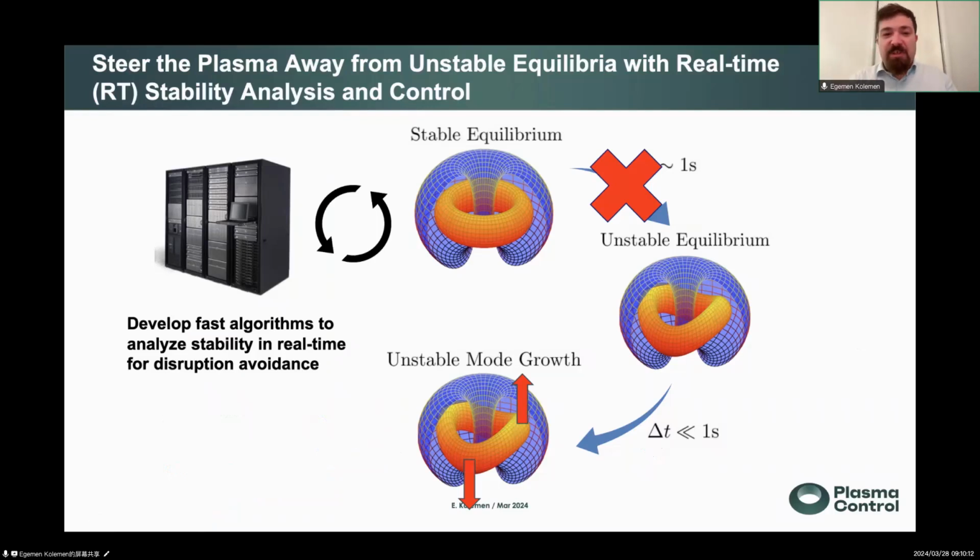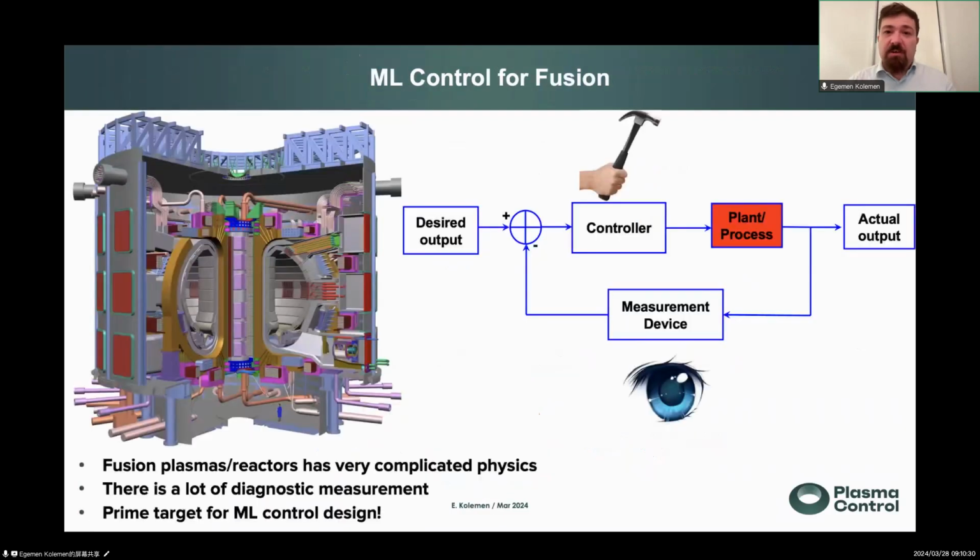Our eye-hand coordination will not be able to control a plasma because it's sub-second. So you need a computer system and intelligent algorithm to see what the plasma state is, how it is doing, and avoid any instabilities coming through. So that's a perfect job for machine learning control for fusion.